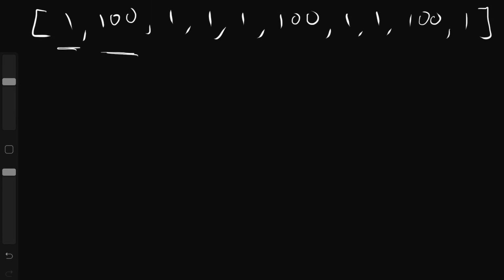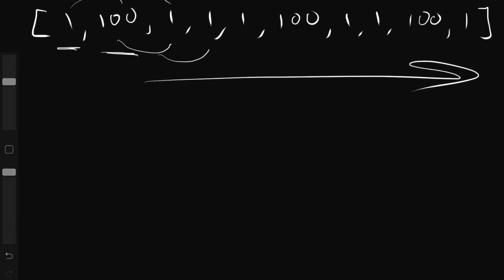From 1, we can either look here or here. And then from here, we can look here or here. Essentially this can repeat through the entire list, and at every step, we're just choosing the minimum cost. If it's between 1 and 100, it's just going to be 1. And so we can calculate that as we go through to get our final answer of 6.